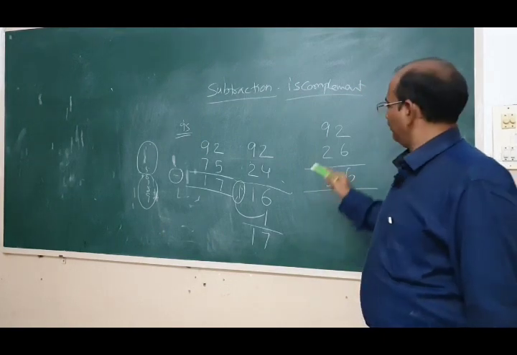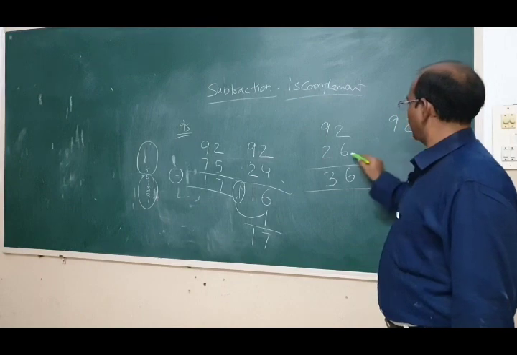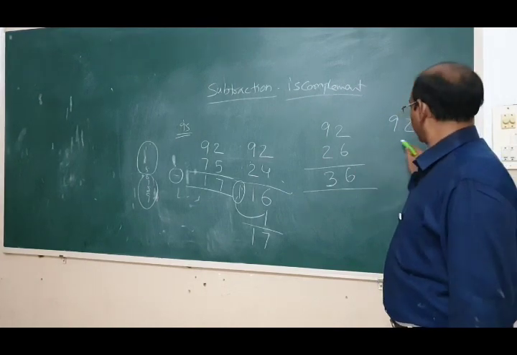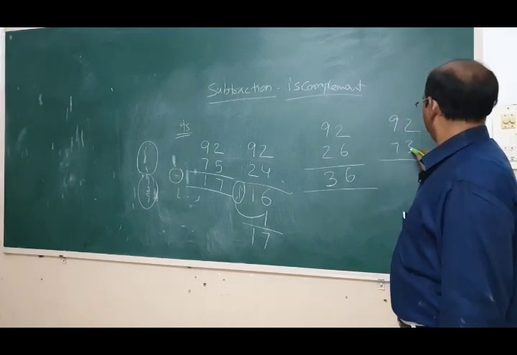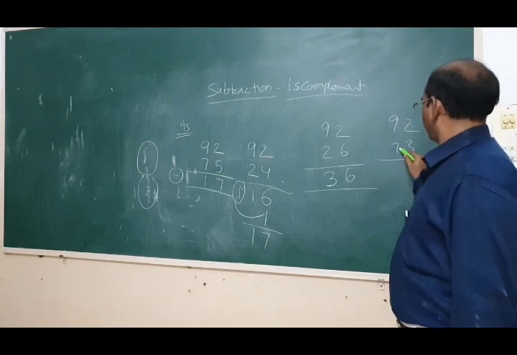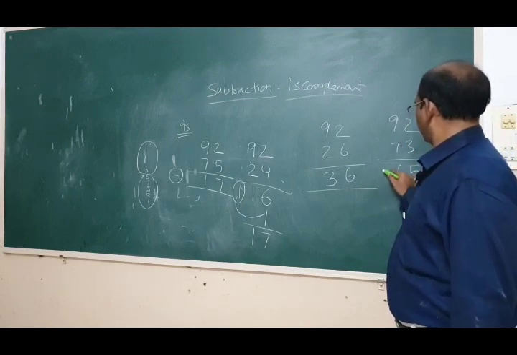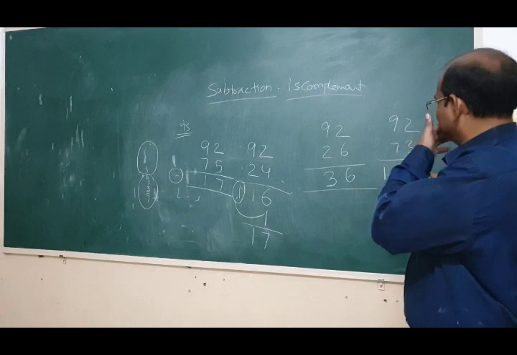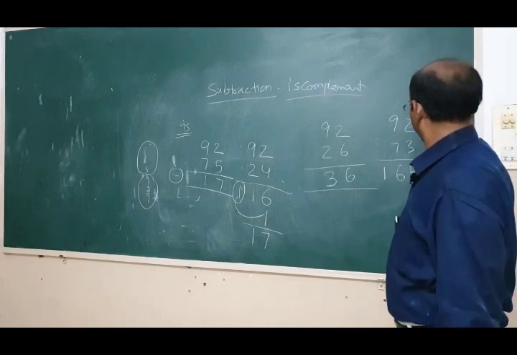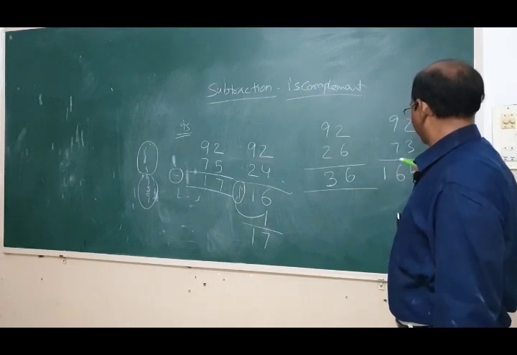We will do here 92 and the complement: the 9's complement of 6 is 3, and of 2 is 7. 3 plus 2 is 5, 9 plus 7 is 16.